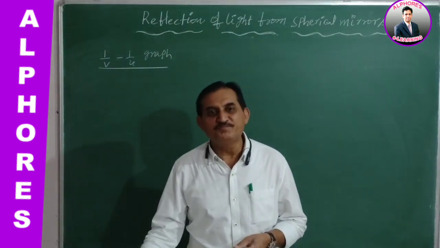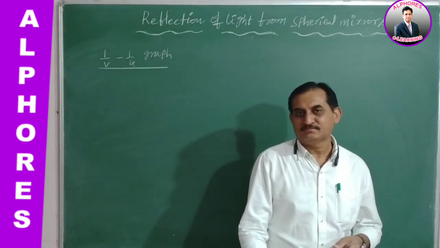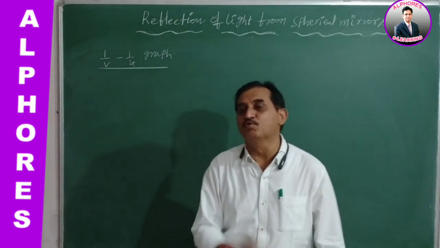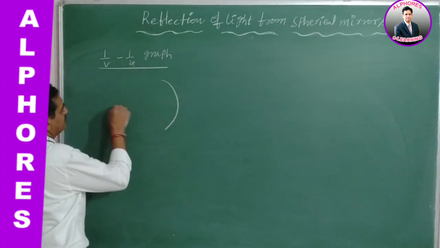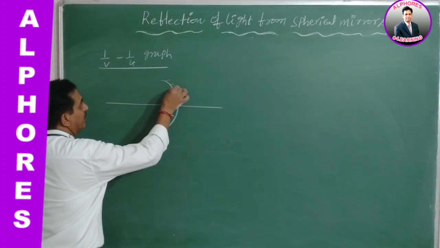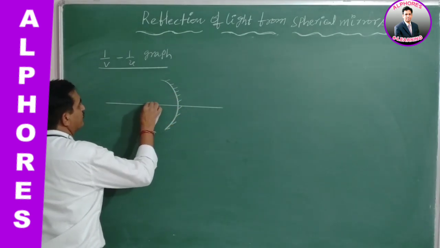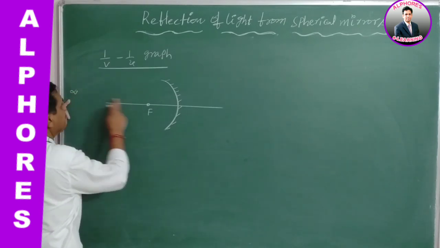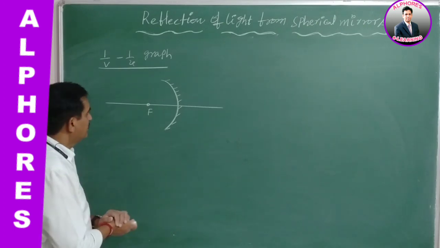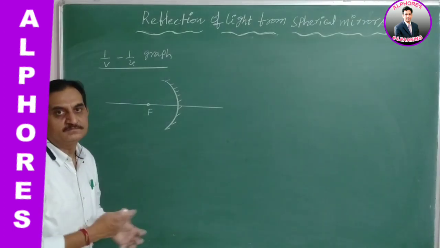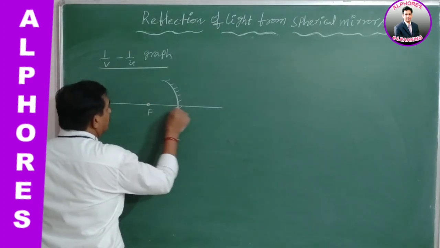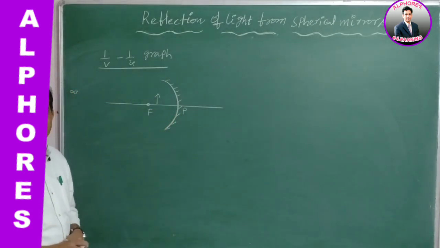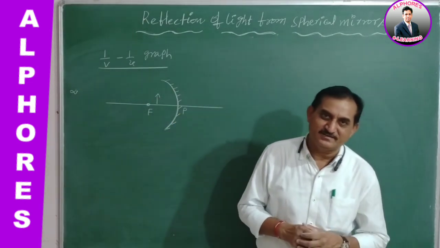Once the object crosses the focus point, entering the region between the focus and the pole of the concave mirror, the image will definitely be virtual.